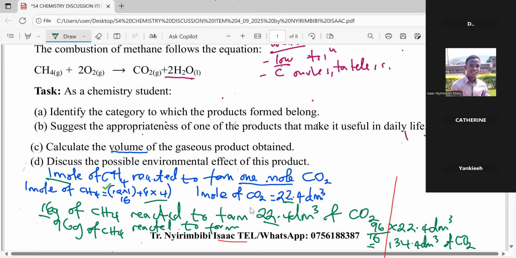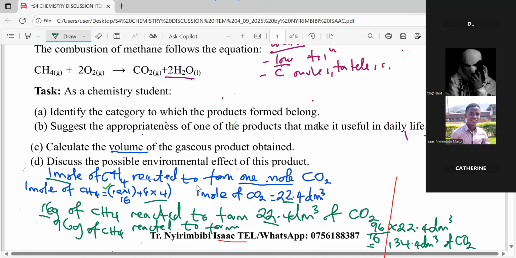Different ideas have been combined together to form one item. In one calculation we have seen the relationship between moles and how to calculate molar mass, or relative molecular mass of a given substance.